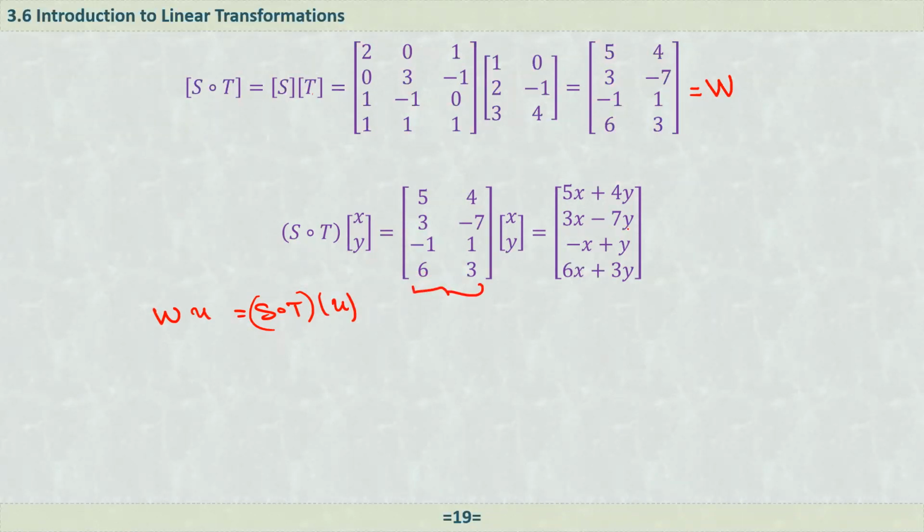And here we have four-dimensional, this vector is living in four-dimensional space. So S composed of T of x, y, and here the W is 5, 4, 3, minus 7, minus 1, 1, 6, 3, times our vector. So if you just multiply them together, we get 5x plus 4y, the first component, the second component, 3x minus 7y, and minus x plus y, 3x plus 3y.